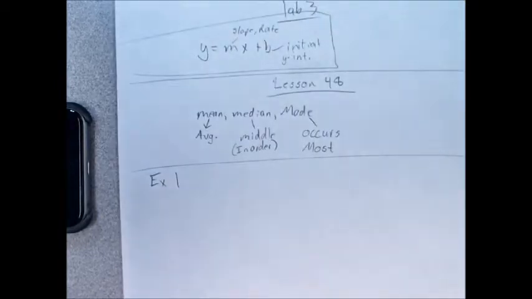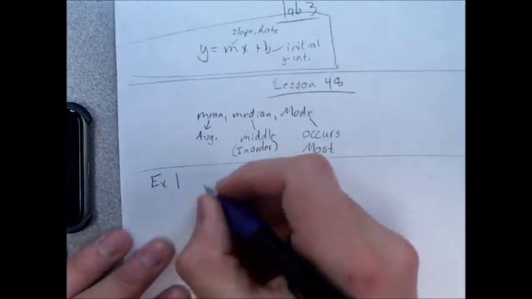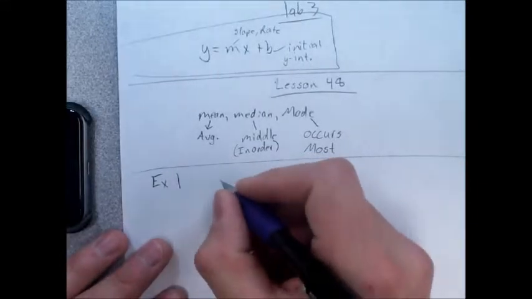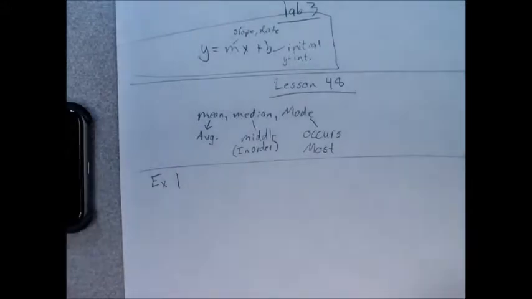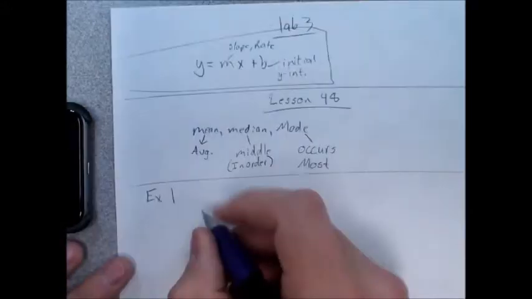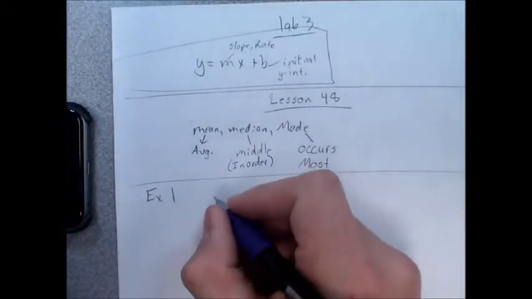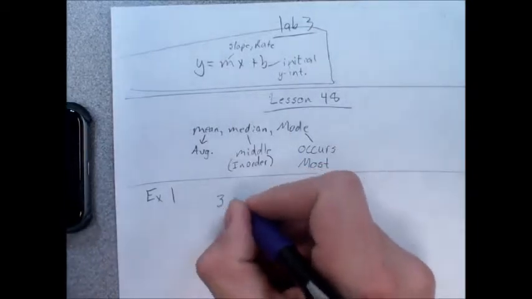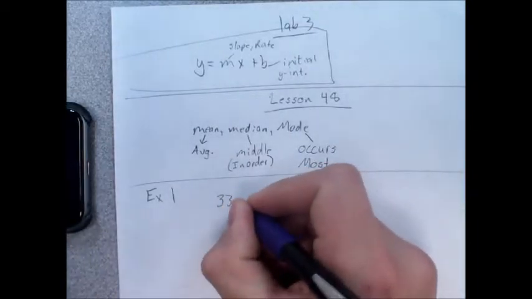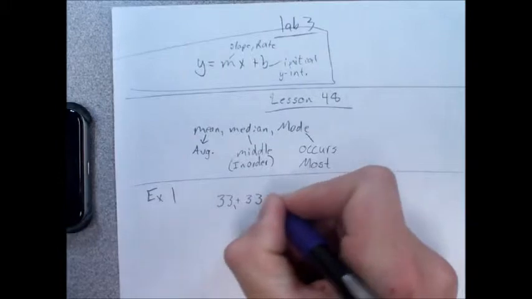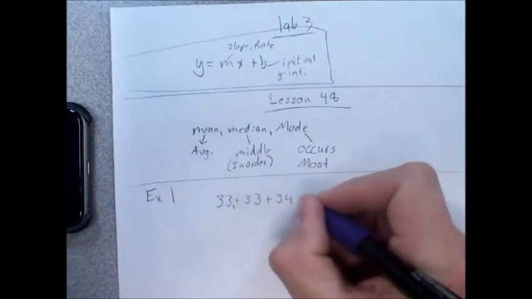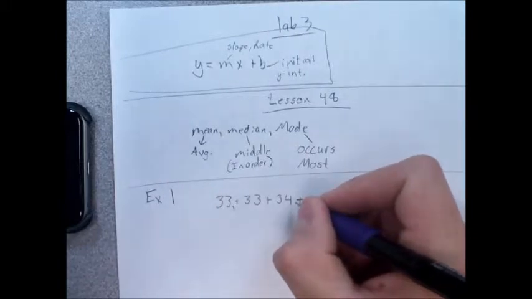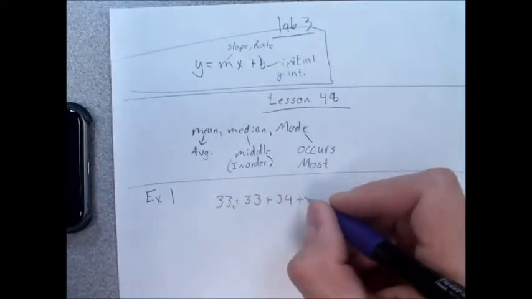So finding the mean of the first one, I'm going to let you guys do the calculator work, so be typing it in, is we add them all together. So here are the numbers, and I'm going to put them in order as I write them down, so that when I do my median, I can already see them in order. So here we go. The smallest number there is 33. I have 2 of those. So I have 33 plus 33 plus, I have 34, plus I have 1, 2, 3 35s.